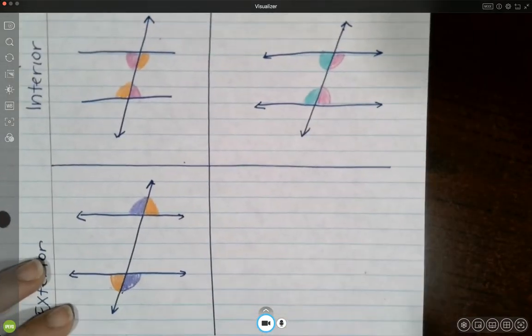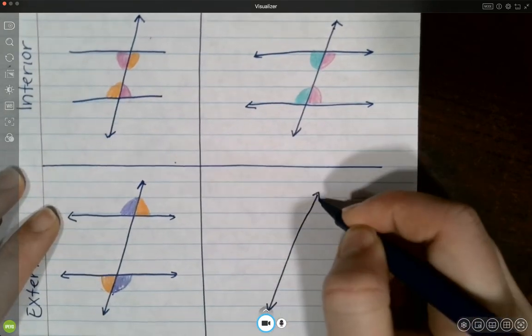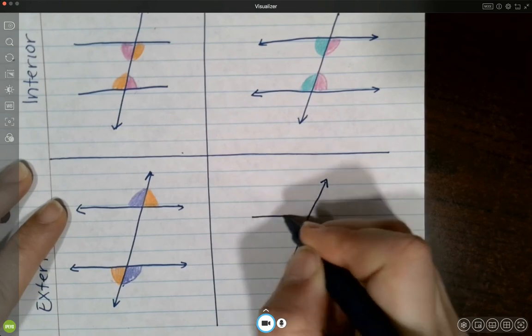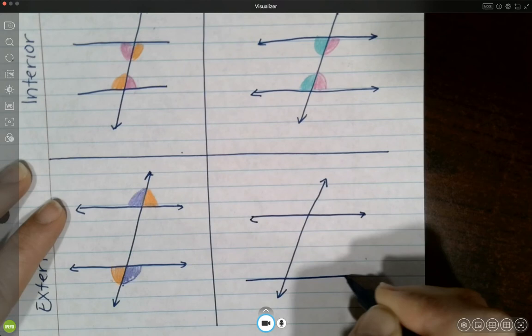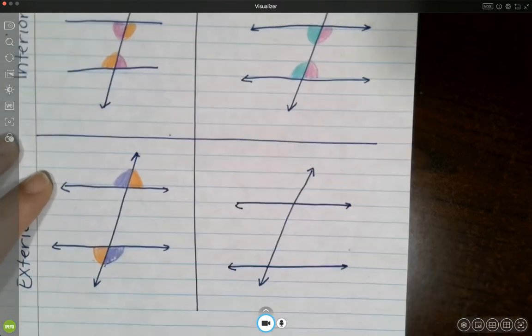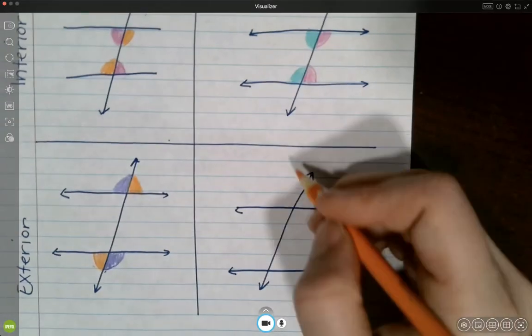Our last one that we would be dealing with, transversal. We have our parallel lines. Again, exterior, except this time we're on the same side.